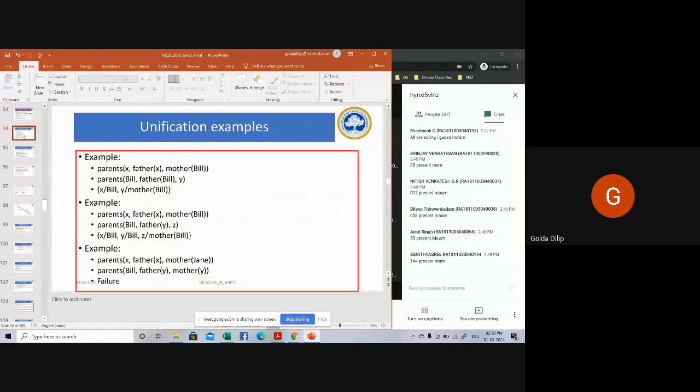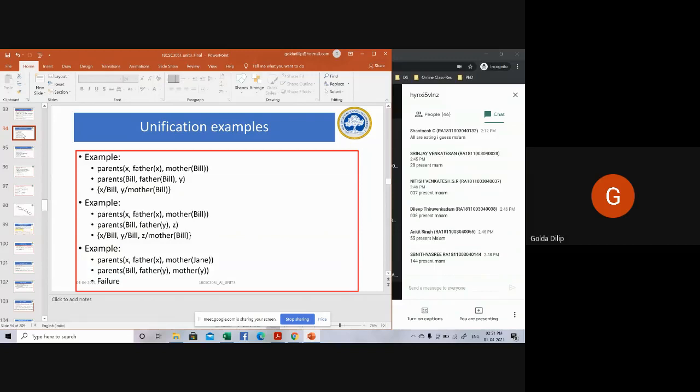Okay, so I want to tell you about the refutation proof tree and how to draw it. Yesterday I told you about resolution. And what is refutation? Refutation is nothing but proof by contradiction. You negate the goal, add it as a clause, and resolve it, and if you get null, that means you have refuted it.